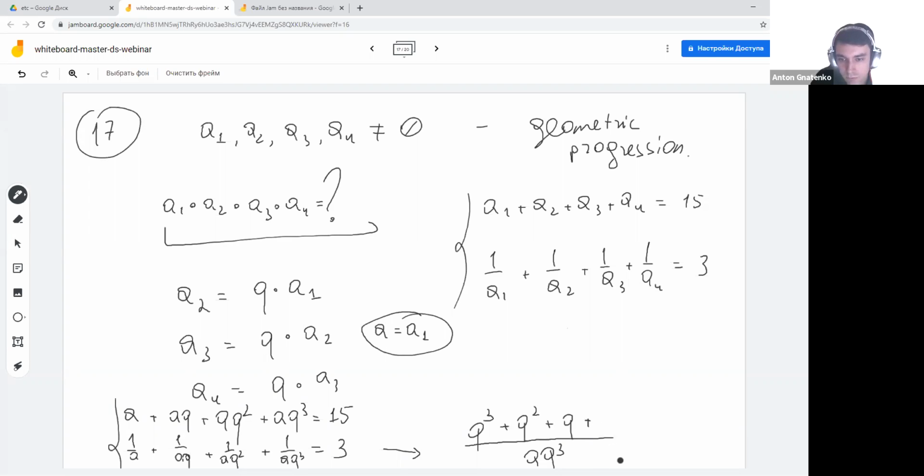Okay, and this equals 3, which means in turn that, wait, I will write it again.